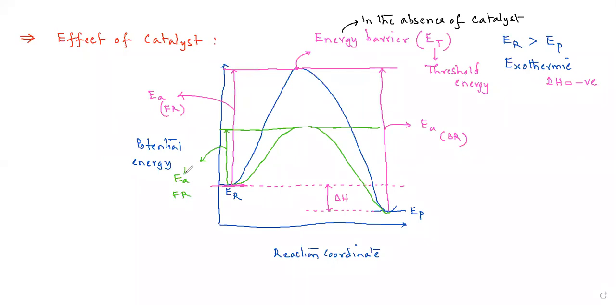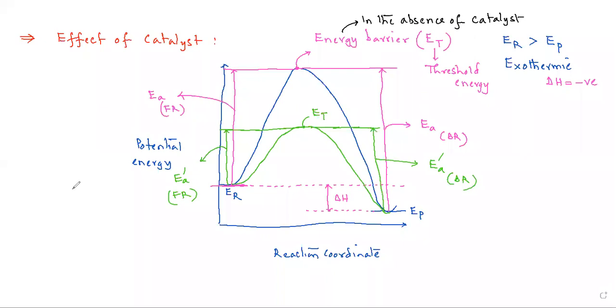Let me use Ea dash for the forward reaction. Then this one is the activation energy for the backward reaction in the presence of catalyst.